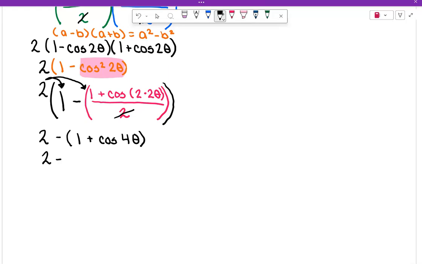Well, if we distribute the negative, we get negative 1 minus cosine 4 theta, and 2 minus 1 is 1. Okay, so we have no powers bigger than 1, so we're done.